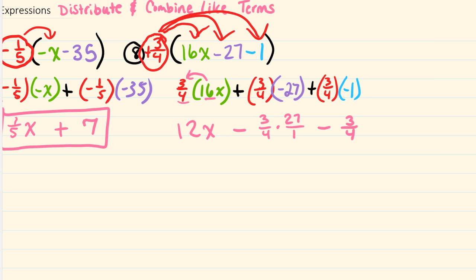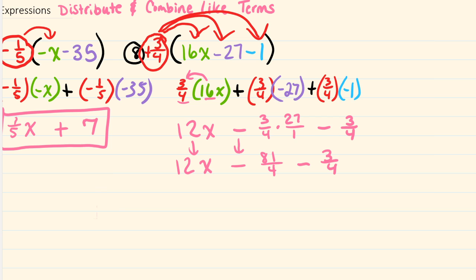I can just bring it down. The second term, I'll bring down the minus sign. 3 times 27, you can work it off to the side here if you need to, or do it in your head. So that's going to be 81 over 4. And then I'll just bring down the last term, minus 3/4.